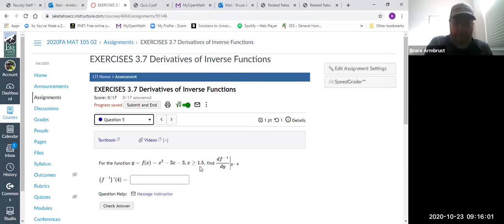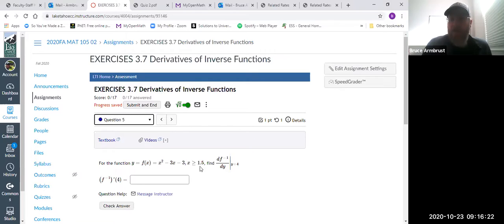Then it says we want to find the derivative of the inverse with respect to y at y equals 4. Basically, we need to find the derivative of the inverse, so we're going to use the original function.